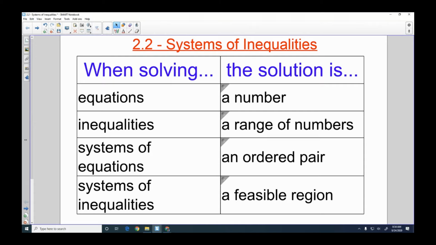It is essentially a collection of ordered pairs, but we're not going to list every ordered pair, since there's an infinite number of them. We'll just represent this on our graph. Just like with the inequality, we would draw a line in one direction. Since it's a system of inequalities, we're going to have that coordinate plane, and a whole shaded area of that coordinate plane that represents our solution.